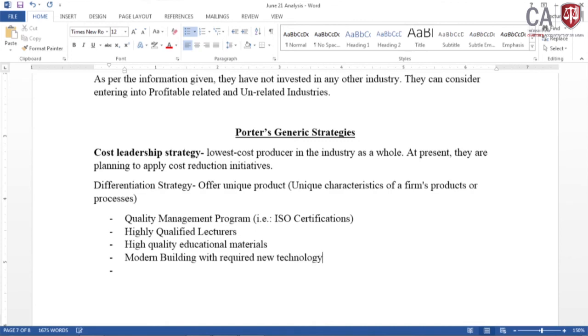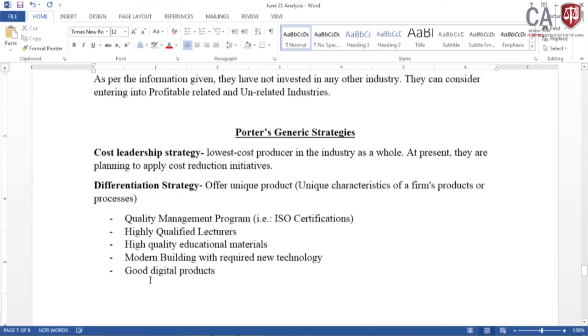Then to the students, they can give a good digital experience, better digital products can be given. So, those are the differentiation strategy applications.